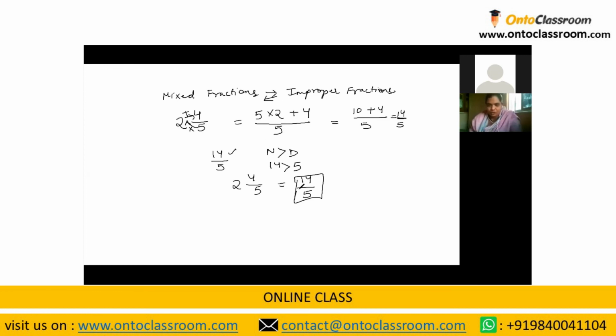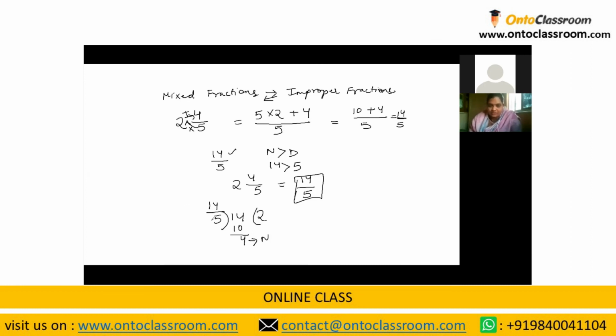Now we have 14 over 5. What we do is we divide the numerator by the denominator. So 5 times 2 is 10, so the remainder is 4. So 2, the quotient, will become the whole number. The remainder will become the numerator.